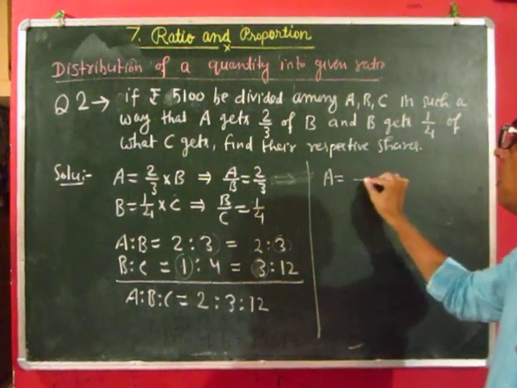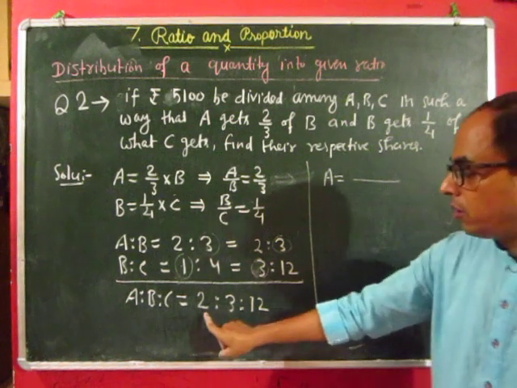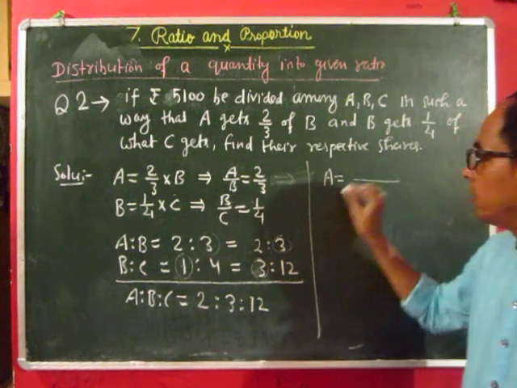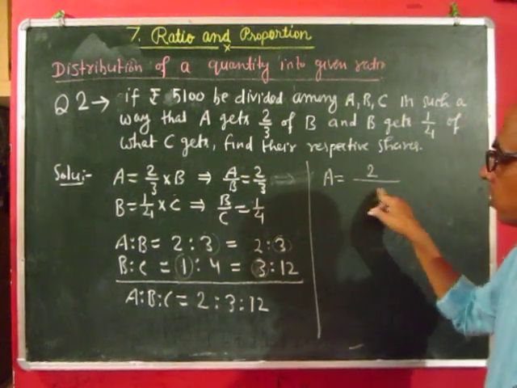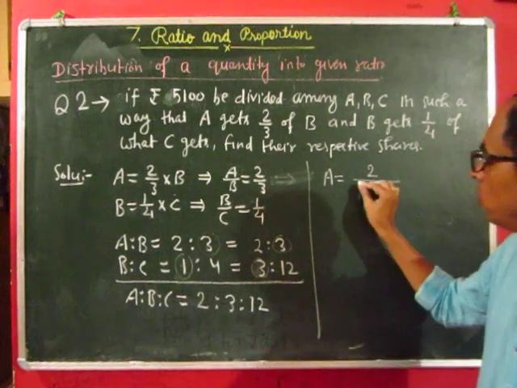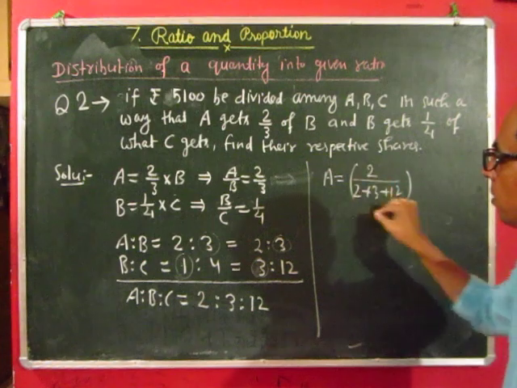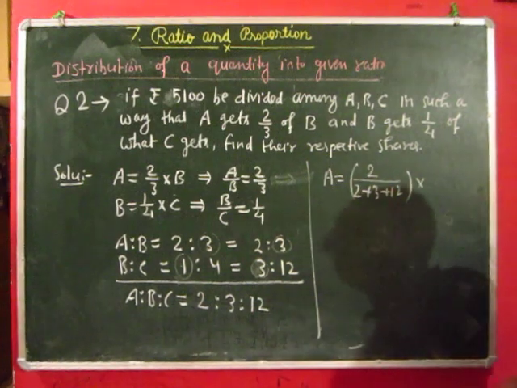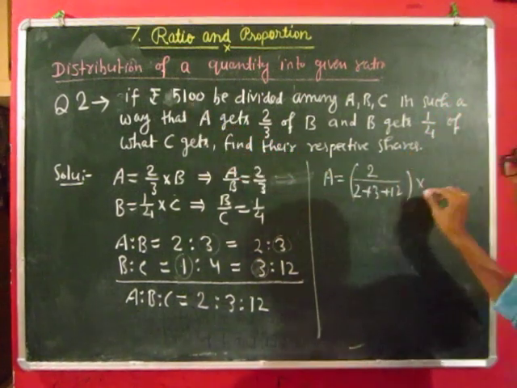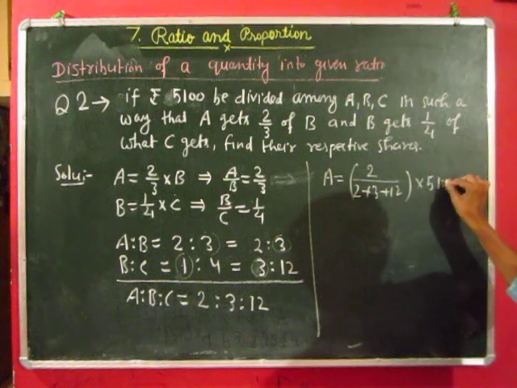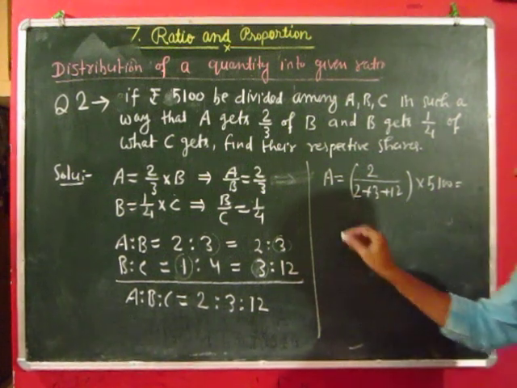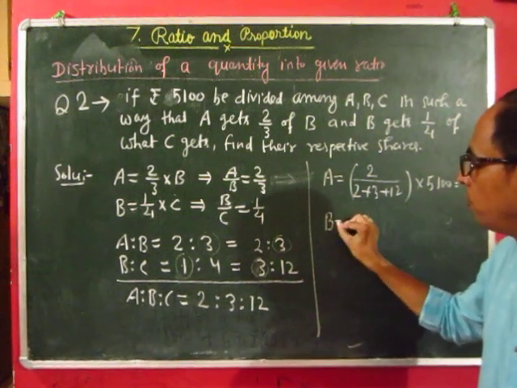So what is the value of A? Simply the term corresponding to A, that is 2, over the sum of all the terms of the ratio, 2 plus 3 plus 12, multiplied by the total amount that we have to distribute, 5100. Now do the calculation, you will get the answer. Now what is the value of B?